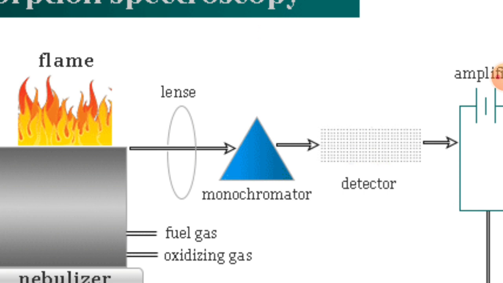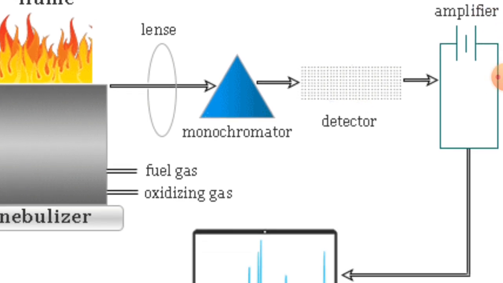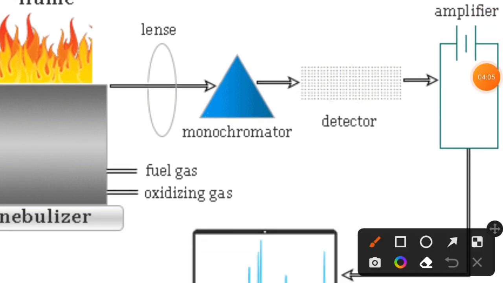So that is the idea of the monochromator. The monochromator will simply allow us to use a particular wavelength of our choice from a mixture of wavelengths of light.